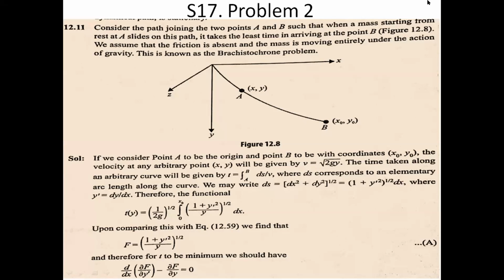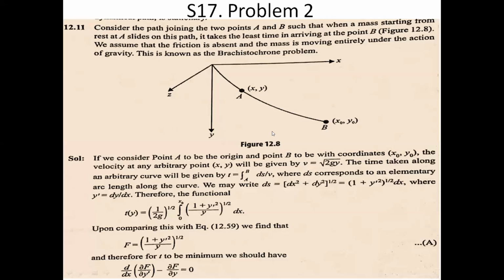Friction is assumingly absent, and the mass is moving entirely under the action of gravity, which is a conservative force. So I am to get the trajectory of this particle, and this is known as the Brachistochrone problem.